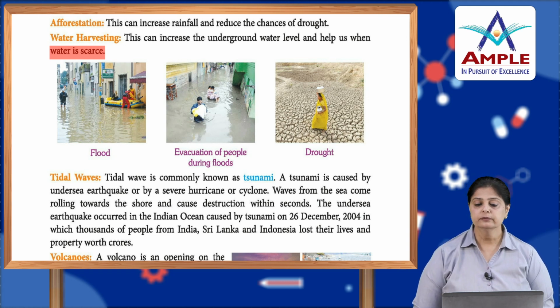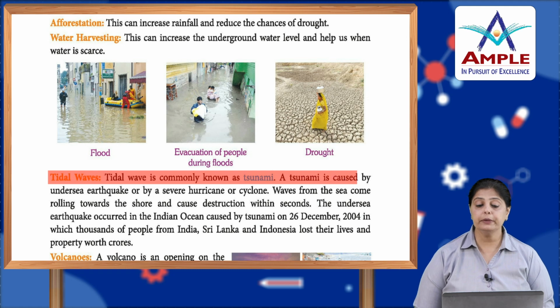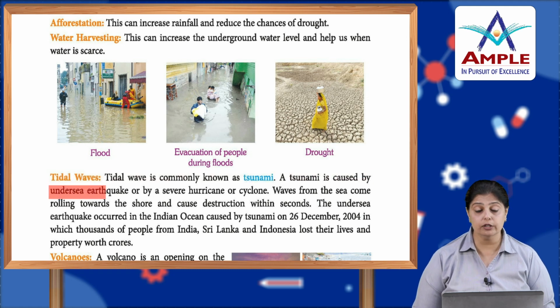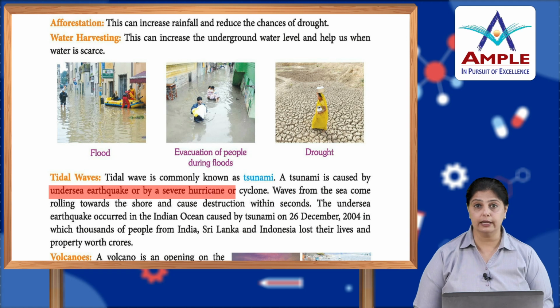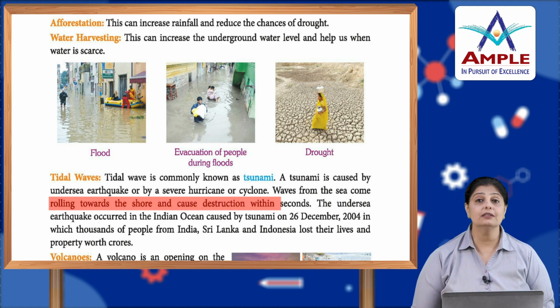Now, tidal waves. What are tidal waves? They are commonly known as tsunamis. A tsunami is caused by an undersea earthquake or by a severe hurricane or cyclone. Waves from the sea come rolling towards the shore and cause destruction within seconds.